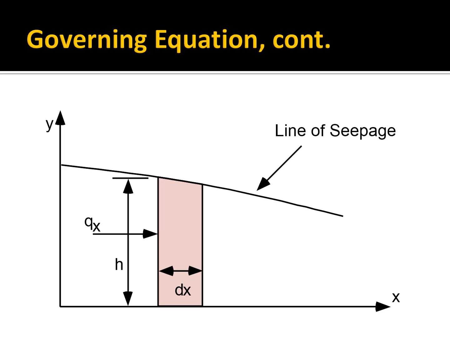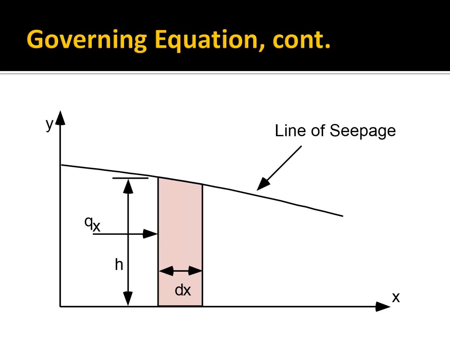The line of seepage is a phreatic surface at the top. The height of that, measured relative to the bottom, is going to be our head. So the shape of our element here is dx in width, h high, and then 1 foot or 1 meter in the opposite direction, so a unit. The other direction is just a single unit.